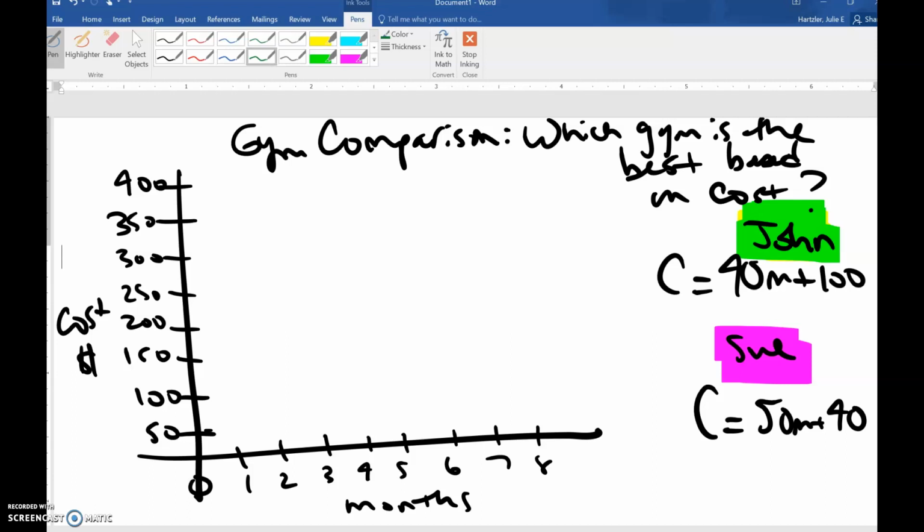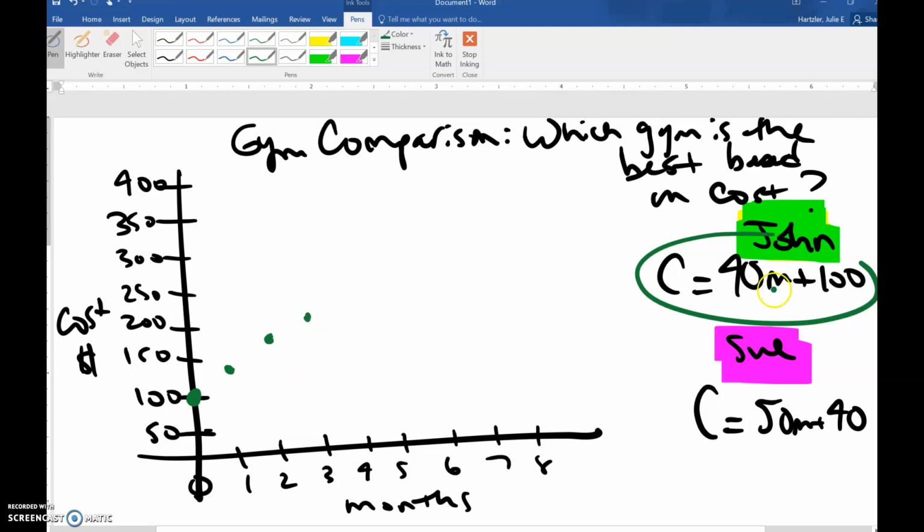So if we graph it, let's start with John. At 0, if M is 0, he's at 100. When M is 1, he's at 140, so just a little bit below 150. If M is 2, it's 180, just a little bit before 200. 3 is 120 plus 100, 220, so again, a little bit above.